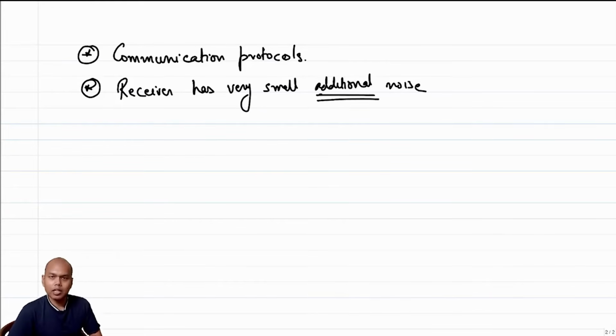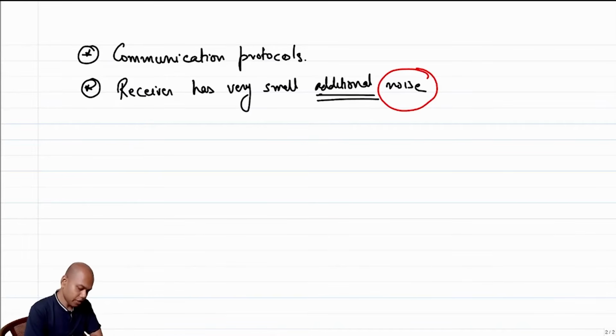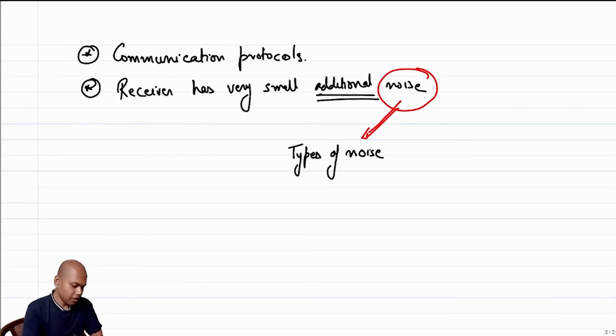So before we get into designing receivers, we need to learn about noise. We will learn about types of noise in electronics, in CMOS systems, CMOS devices.